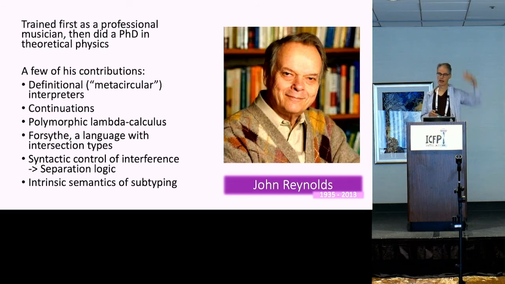If you look at the list of things that he came up with: metacircular interpreters, the idea of continuations, the polymorphic lambda calculus, co-invented with Girard, of course, the first programming language with intersection types, the idea of separation logic, and, relevant for this talk, semantics of subtyping.